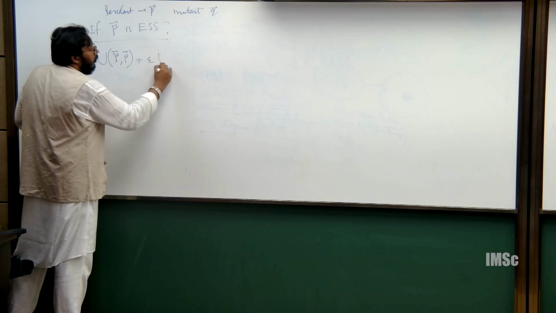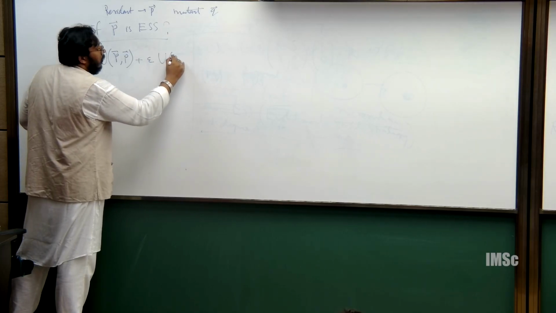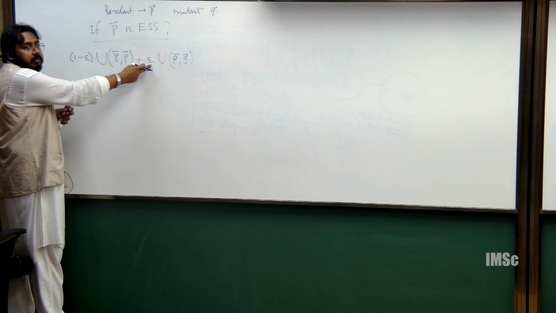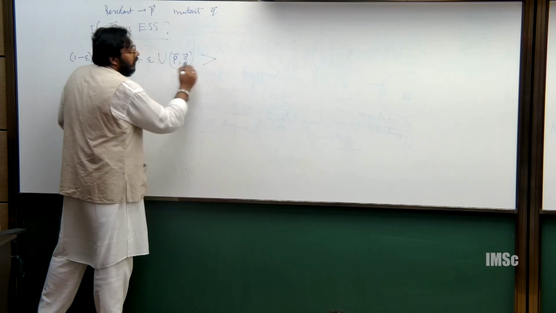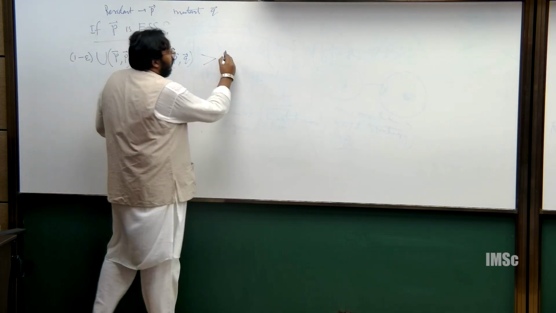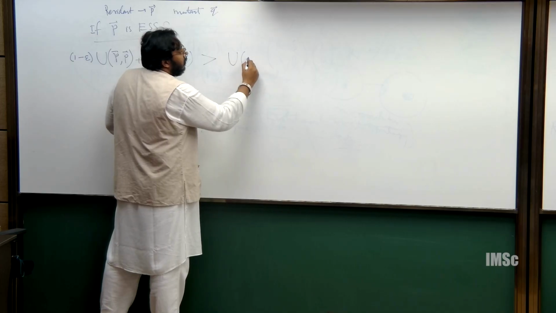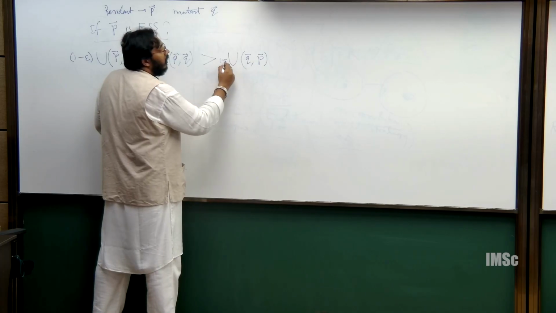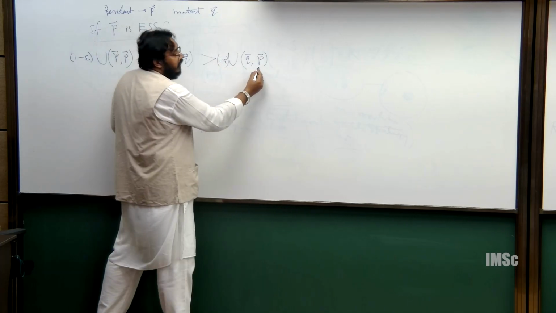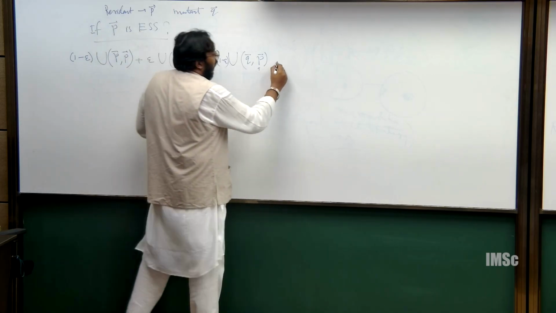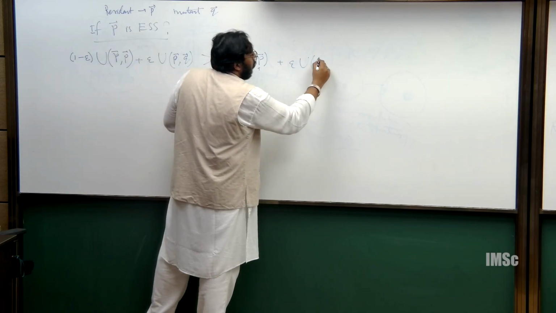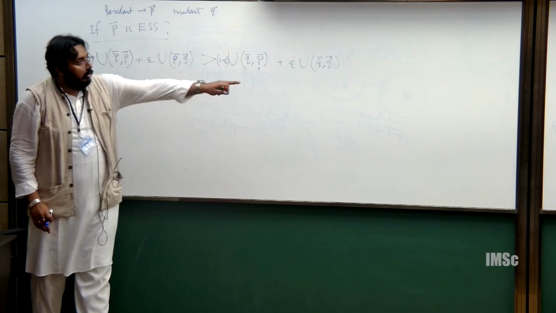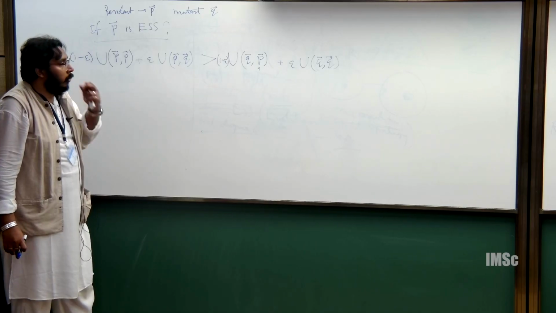The rest of it will be U, where P interacts with Q, because mutants have appeared with probability epsilon. This has to be more than what mutants are going to get against P with 1 minus epsilon, because P appears with 1 minus epsilon, and epsilon U Q against Q, because Q, you compare with what is there on the other side of the board.